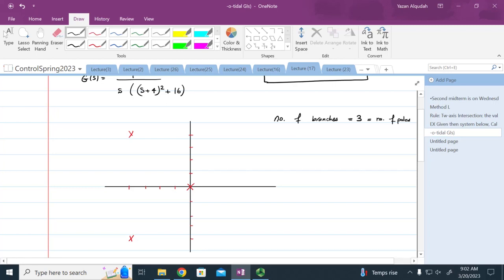Okay. On the real axis, which part of the real axis is on the root locus? The origin.